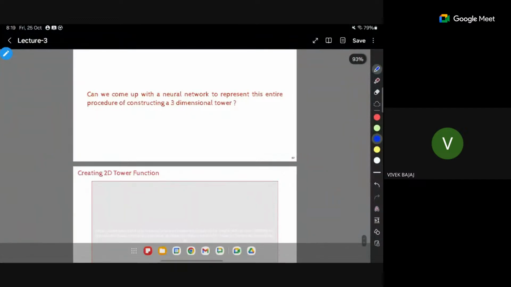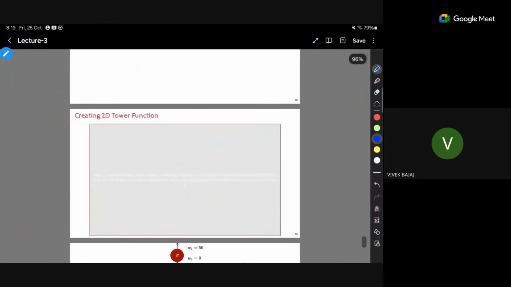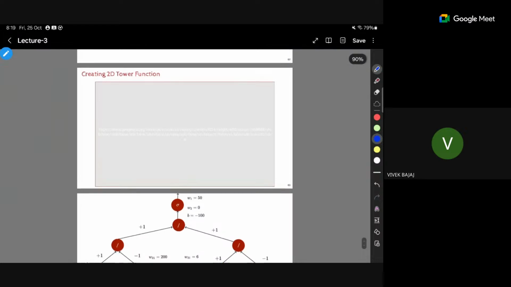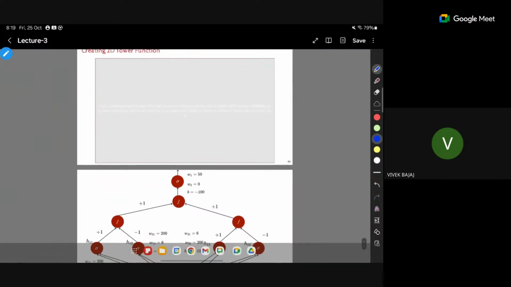But it will form a 3D tower. Dimension-wise it will be a 3D tower, but the inputs are only two.